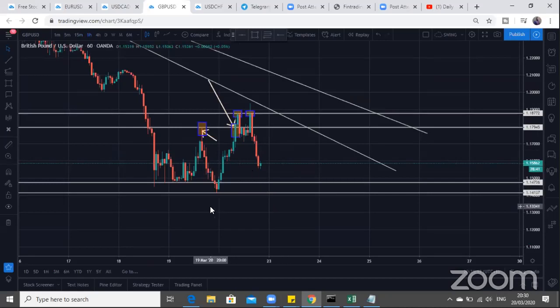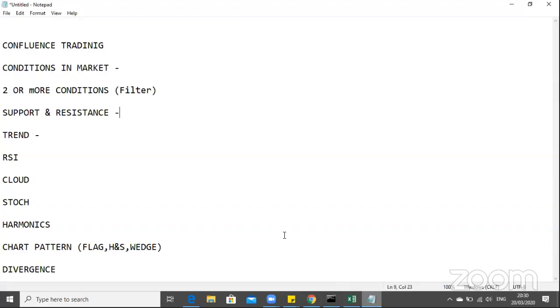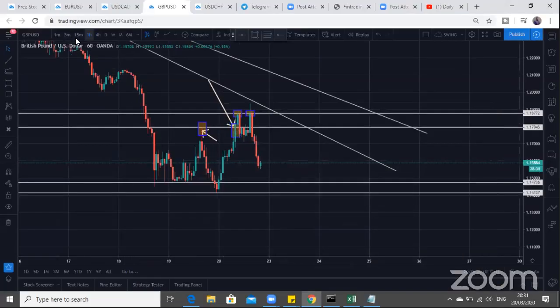But watch, if there is another condition added to it, maybe divergence, let's put that in.